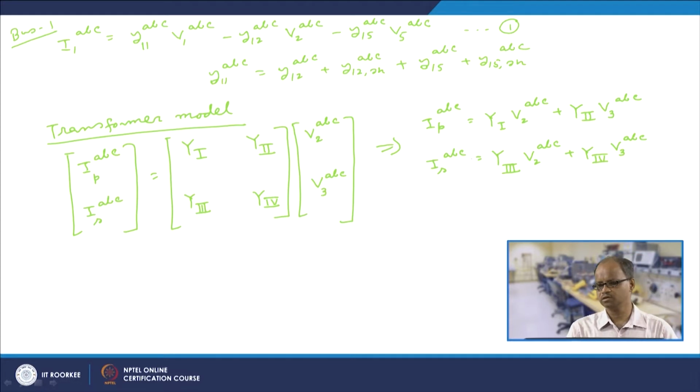Please note that all these currents and voltages are complex quantities. So, with this we are ready to write down the equations at bus 2.